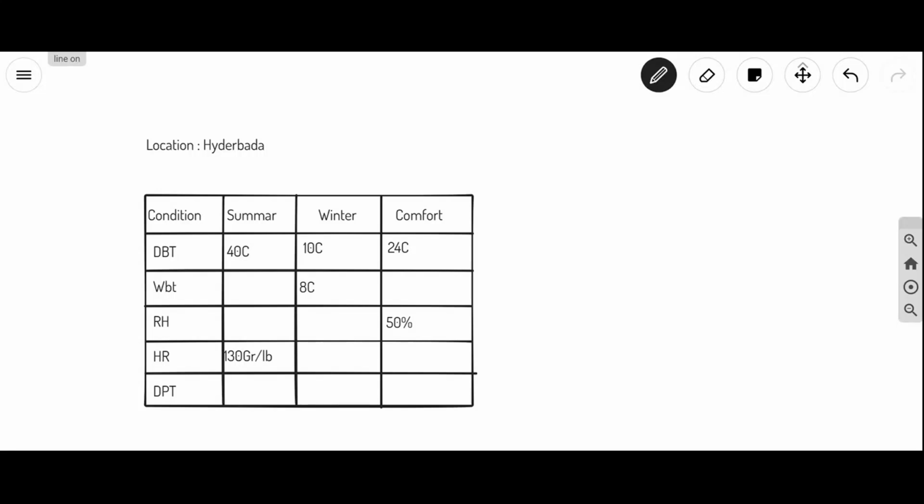So I'll share. If there, you'll get the chart.